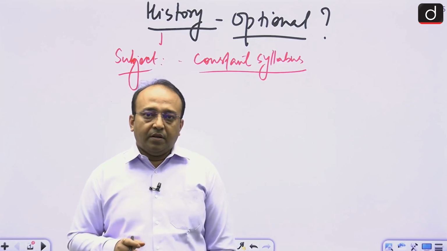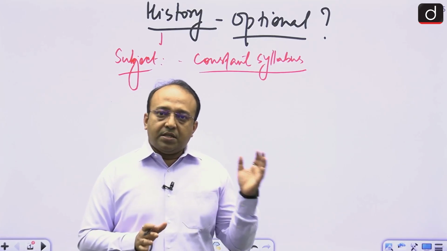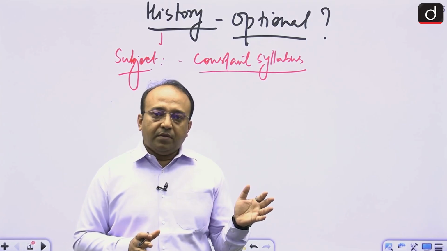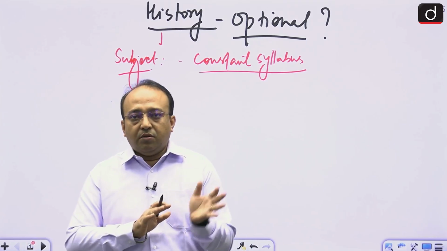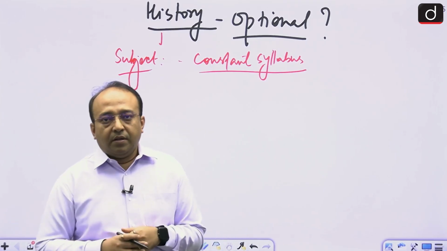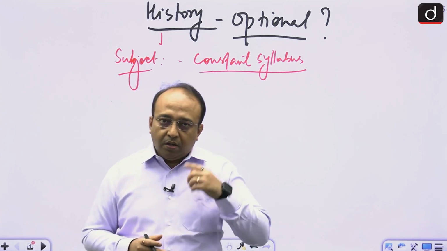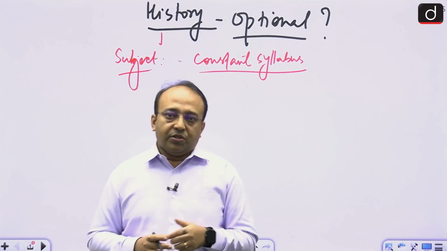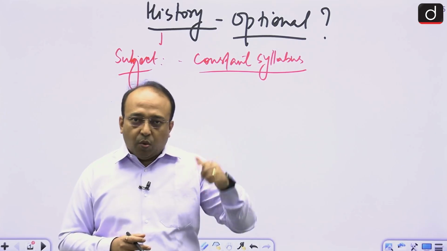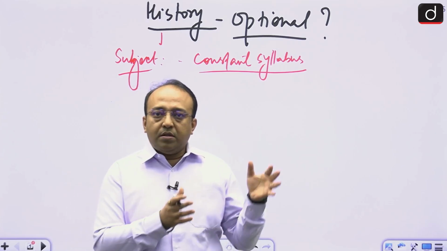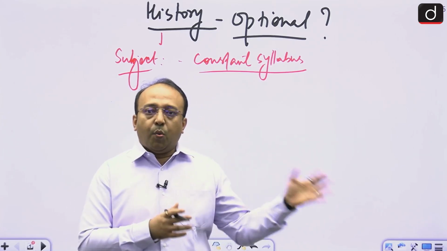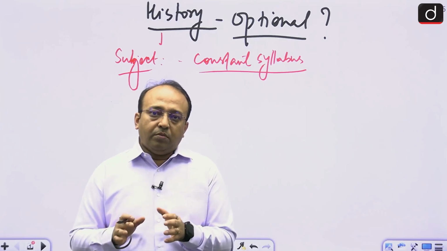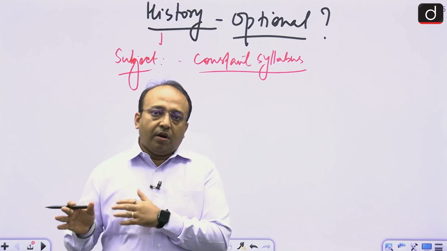Once it is prepared, your task is done completely. It is only a one time exercise. Since it is one time labor, your hard work would pay you the dividend thoroughly in this examination.